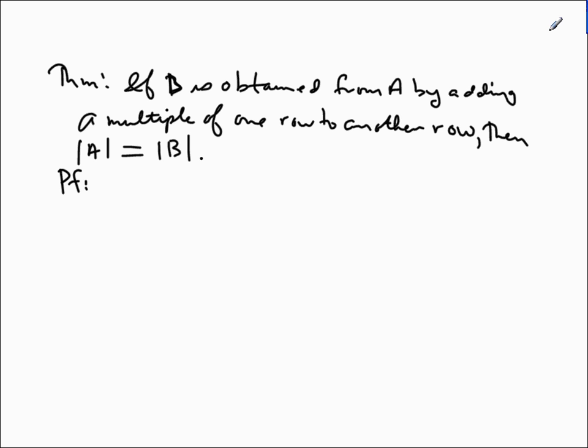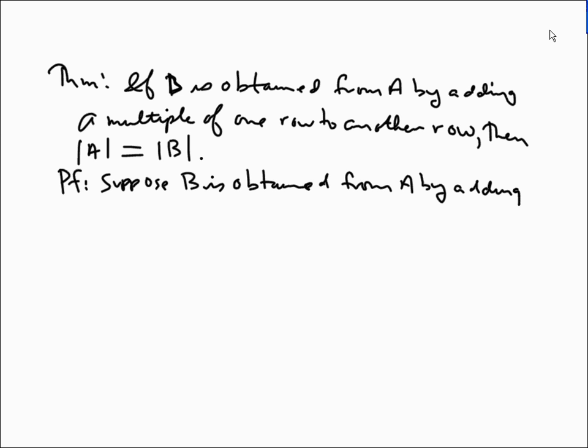Okay, proof. Suppose B is obtained from A by adding C times row R or column to row S. Instead of row, I can say column.